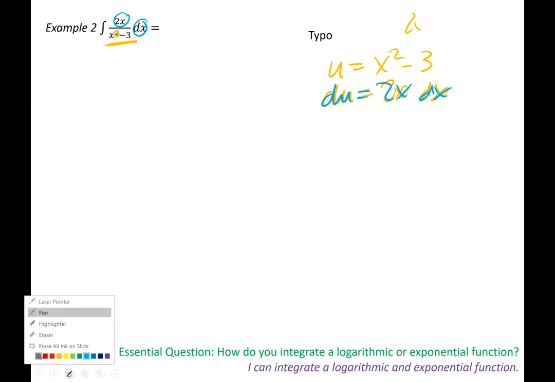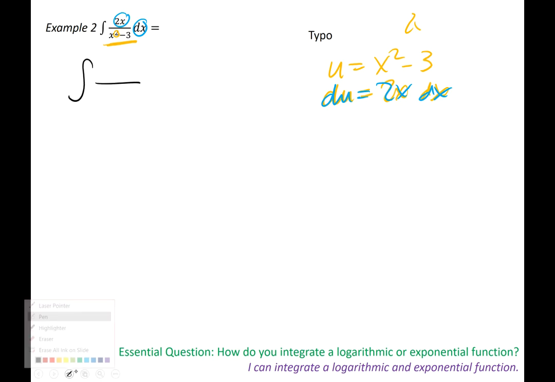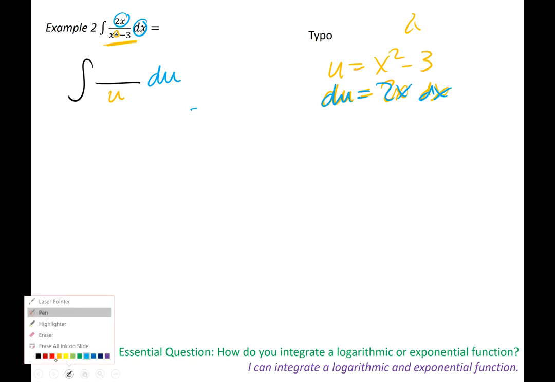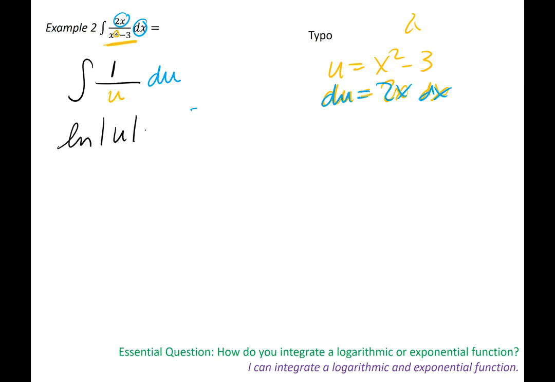I've matched everything up. So I'm going to substitute in. For the x squared minus 3, I'm putting in u. For the 2x dx, I get to substitute in du. There's nothing extra. I know that there's nothing in the top. We always have a 1. So I see the 1 over u, and I integrate that. I get the natural log, the absolute value of u, plus c.